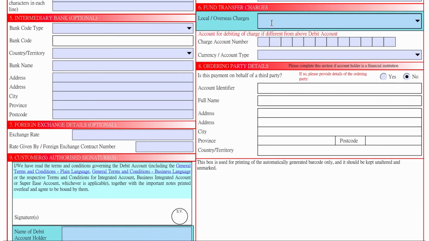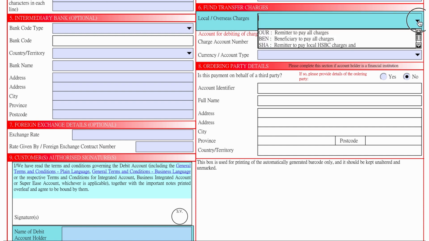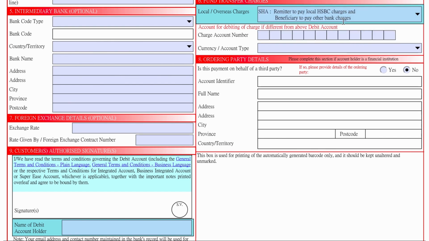The transfer itself is going to cost a little bit of money, typically 25 to 50 US dollar, depending on your arrangement with your bank. So you might say, I pay my local charges and the beneficiary will pay their own charges. This is the most common when you purchase products.